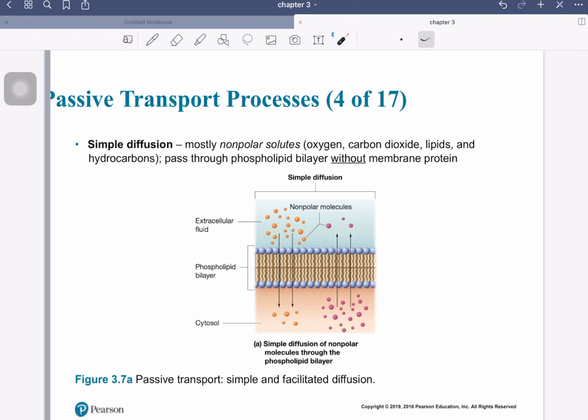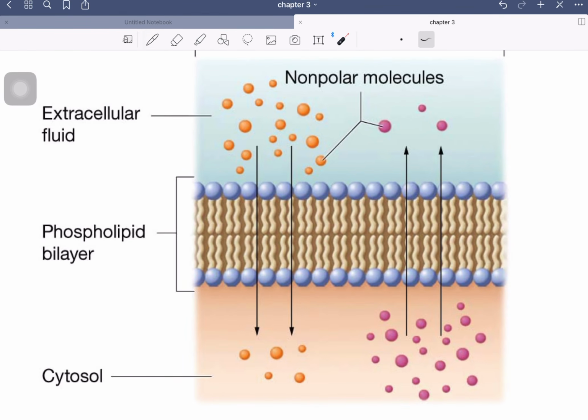So it's just, they have the right chemistry that they can actually just pass through this lipid layer. Because remember, when we look at the phospholipid bilayer, we have a hydrophilic bit and we have a hydrophobic bit. And the chemical nature of these nonpolar molecules allows them to actually pass through this middle region and come out the other side, or vice versa.